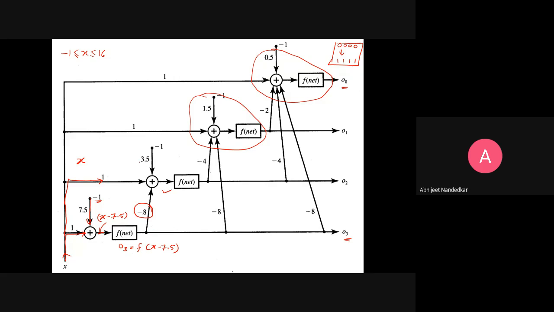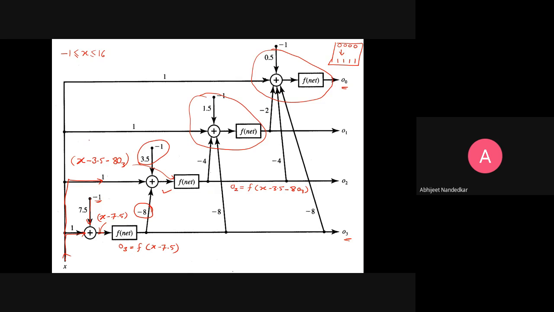The threshold here is 3.5, so it is x minus 3.5 minus 8 O3. This is the net value for this particular neuron, so the output O2 is a function of x minus 3.5 minus 8 O3.